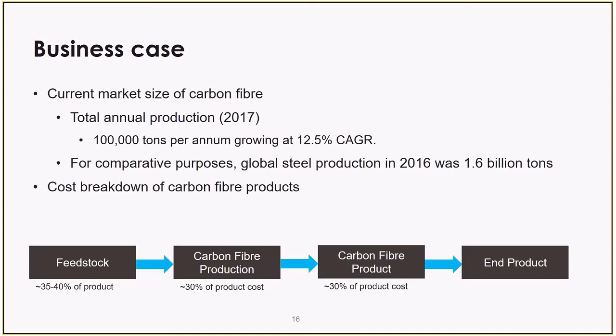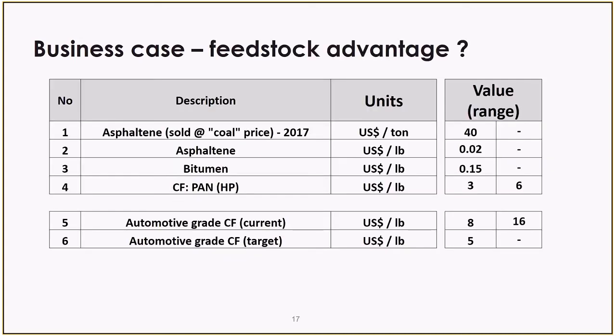So let's have a look at some of the aspects of how asphaltenes fit in this. There are a couple of oil sands producers that have been removing asphaltenes from their bitumen at their facilities, and to date, asphaltene has been sold at a coal price. A coal price per ton, approximately, as we did in the phase 2 report, was about $40 per ton.